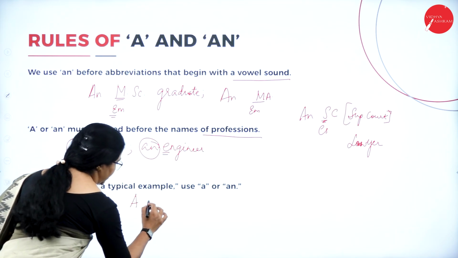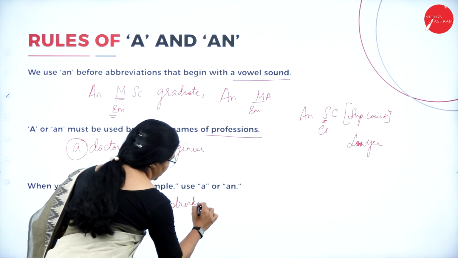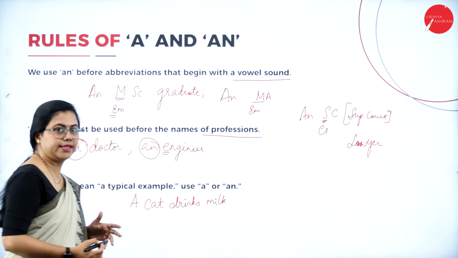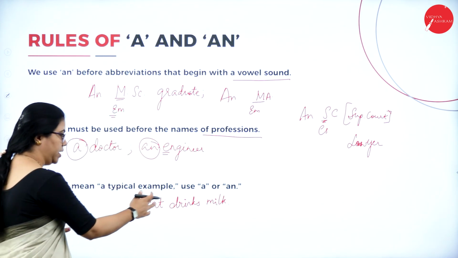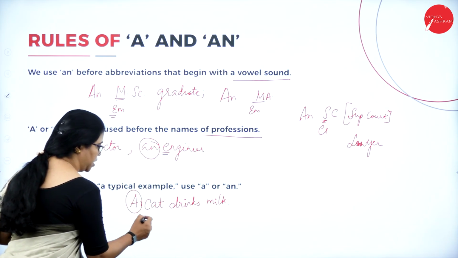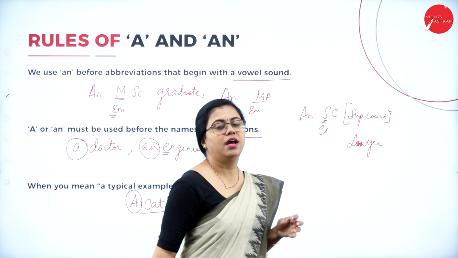So I say a cat drinks milk. In general, usually cats drink milk, isn't it? Cats drink milk, I'm not using any article there. But here I'm making a general statement about a cat. So here I'm using a cat.